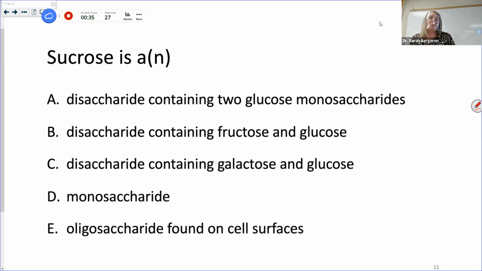Remember, sucrose is that table sugar. Please make sure your masks are on.